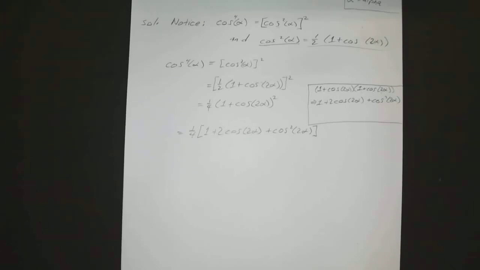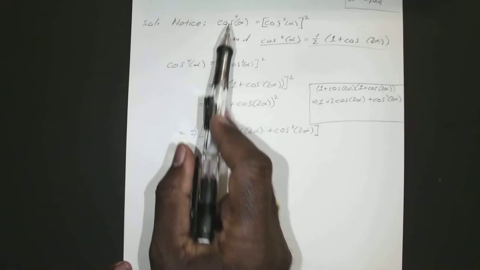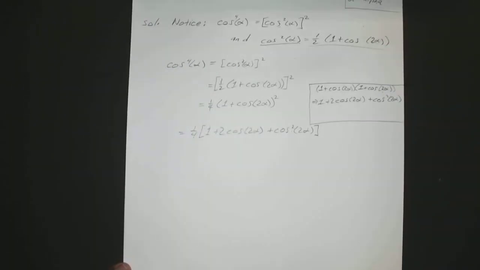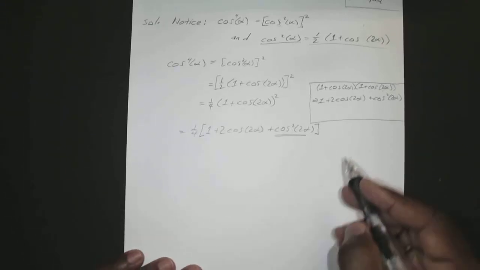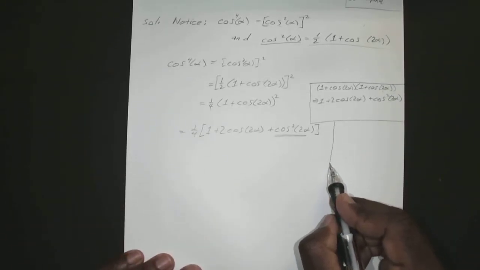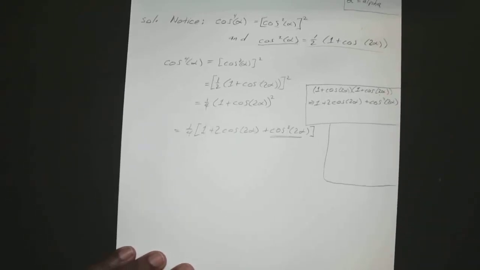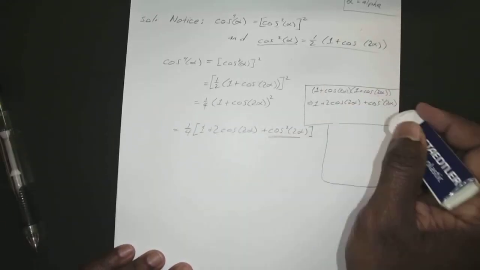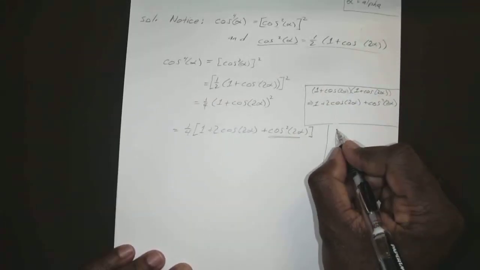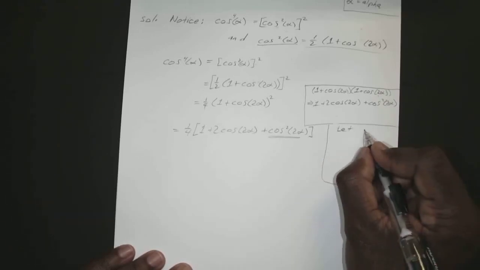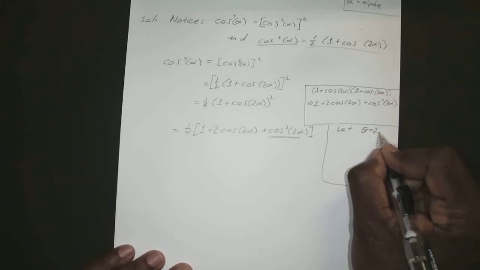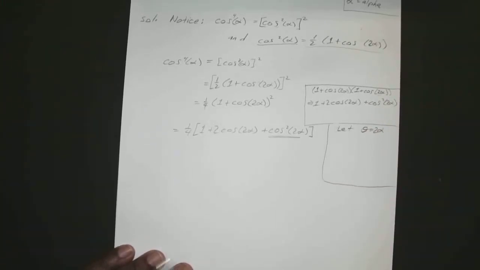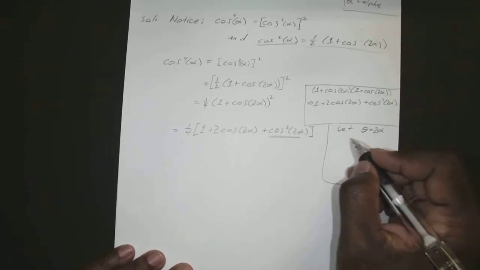Okay. Now we're okay because we've gone from a 4th power to squared. The thing is, we now have to reduce this one. And we'll do that kind of on the side. Okay, so here, let's say we'll let theta equal our 2 alpha. So that gives us cosine squared theta.